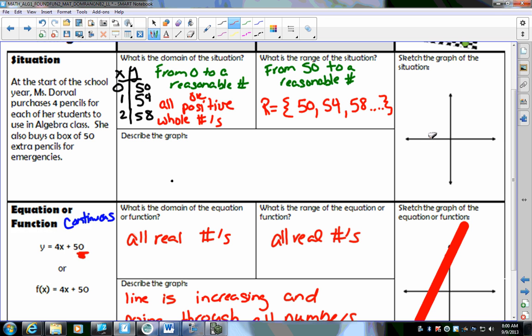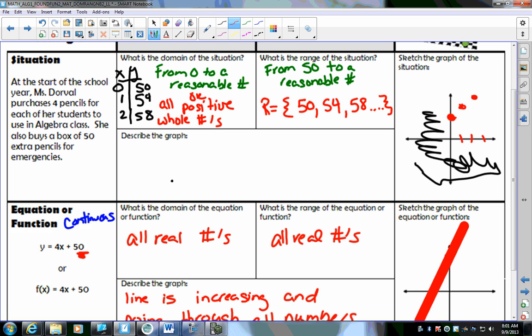But on this graph right here, I wouldn't even use these quadrants. I would only use quadrant 1 because I have to have positive numbers. So I would start at 50 and put a dot, and for every 1 student, it goes up 4.